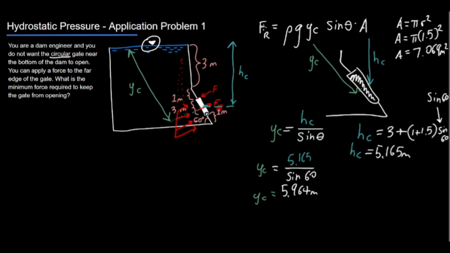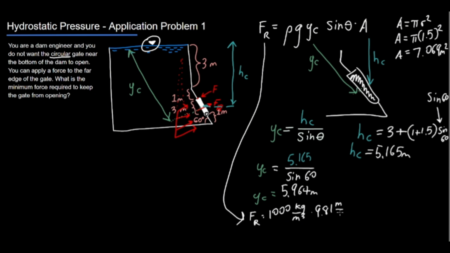So with all of that, we can calculate F resultant. We can plug this all in, which I'll do all the way down here, just so we know where it's going. And so we'll get F resultant is equal to 1,000 kilograms per meter cubed times 9.81 meters per second squared times YC, which is 5.964 meters, times sine of 60.